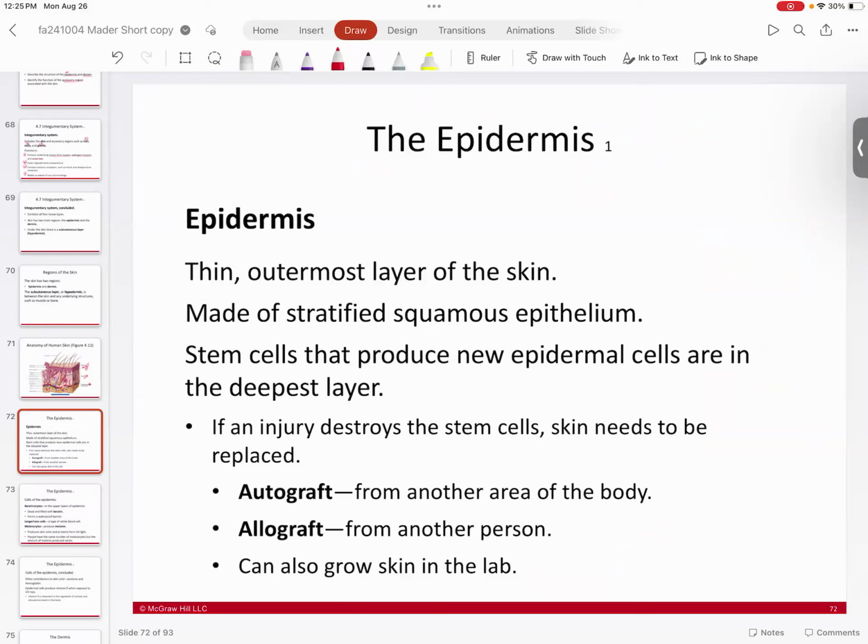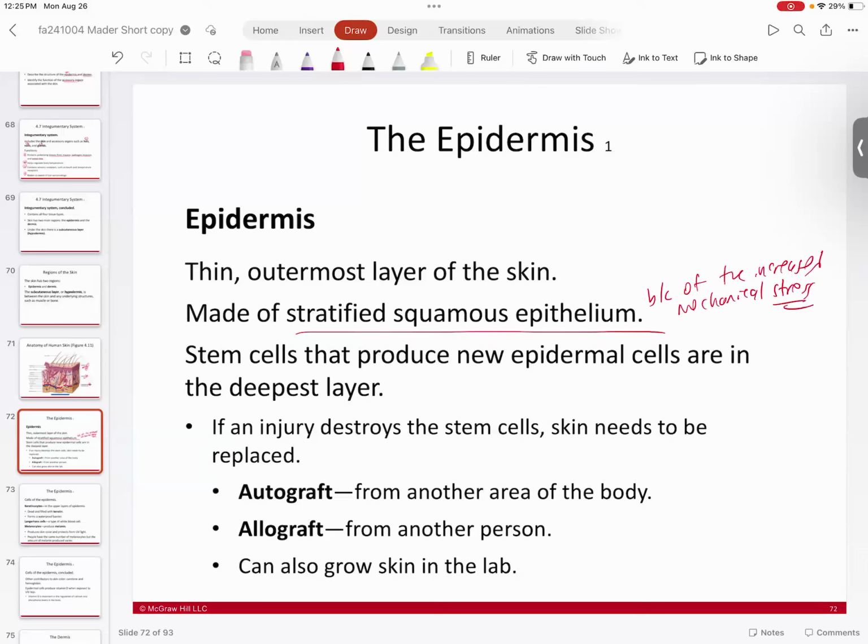It's stratified squamous. Why? Because of the increased mechanical stress. So you simply just need that because you're rough on your skin, right?